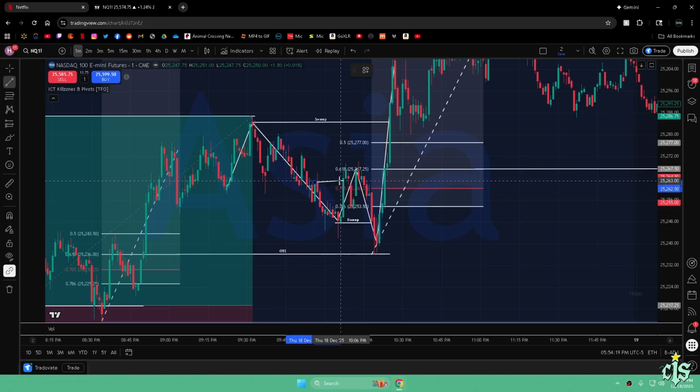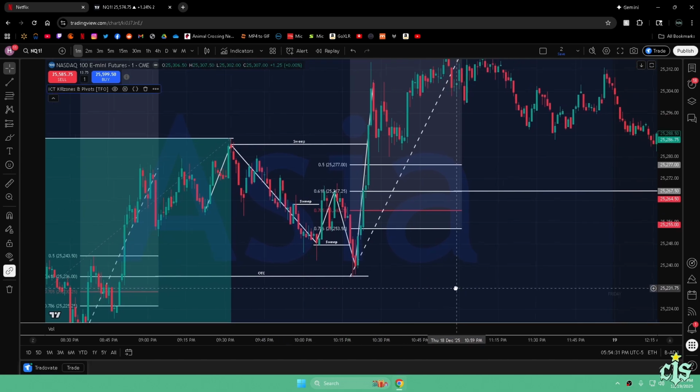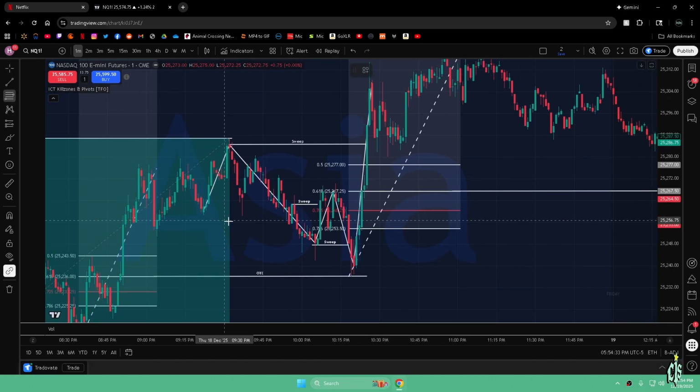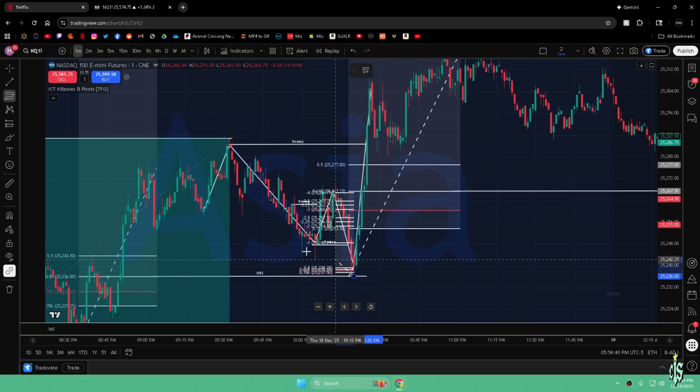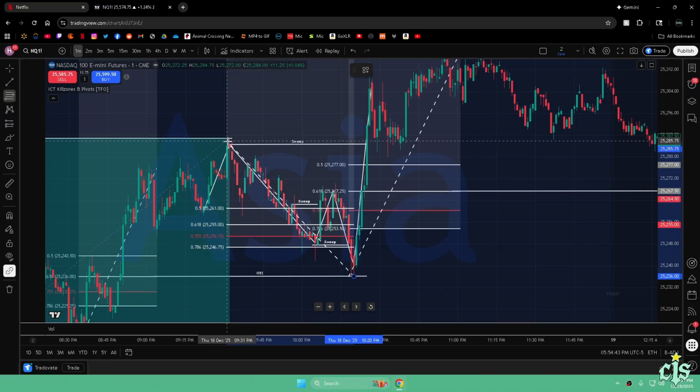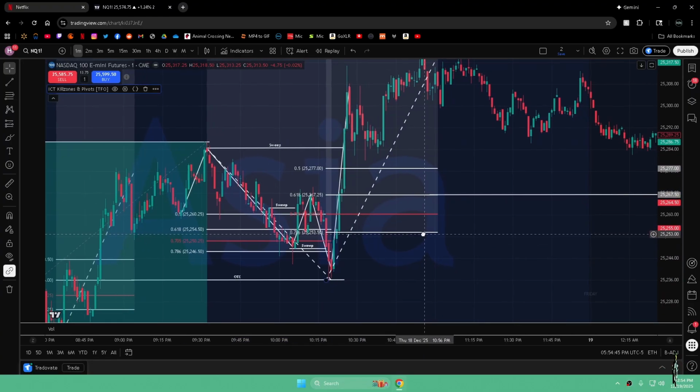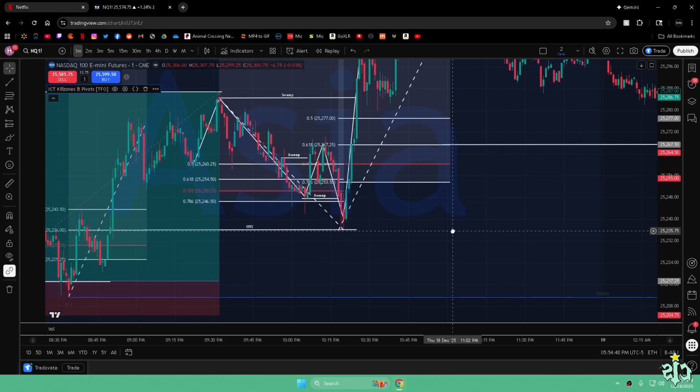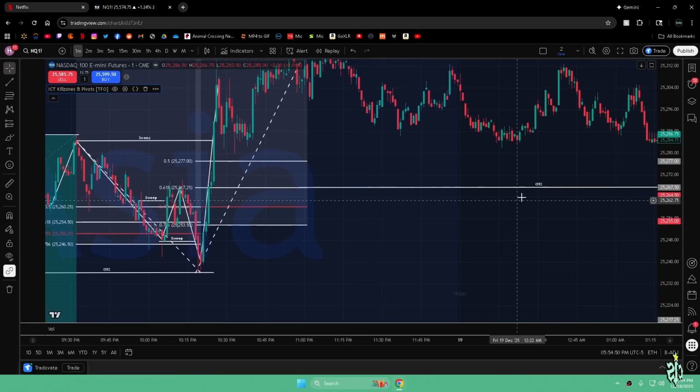This high that was made, right? You could also say we swept this. Right? So we have our range here, and then we have our manipulation from this wick to this body close. Right? Now, this is our range. Here's our OTE zone at 0.618.